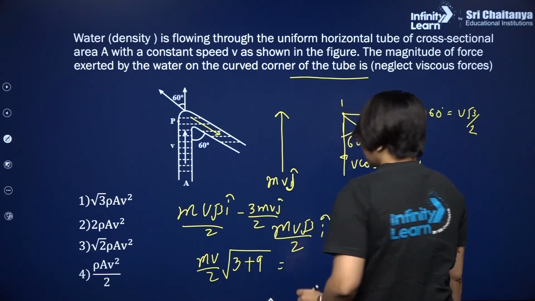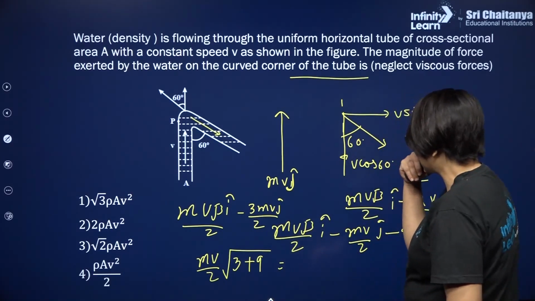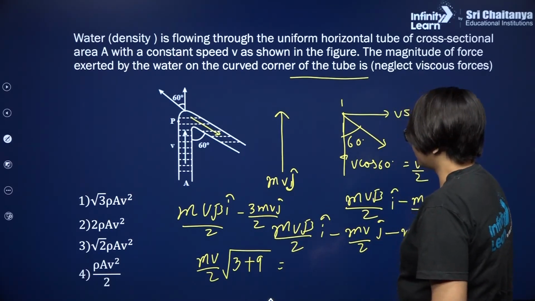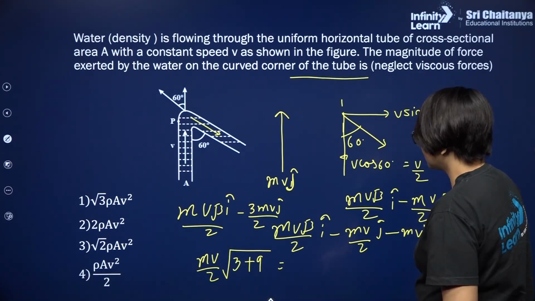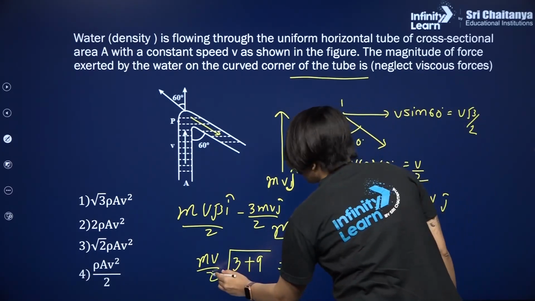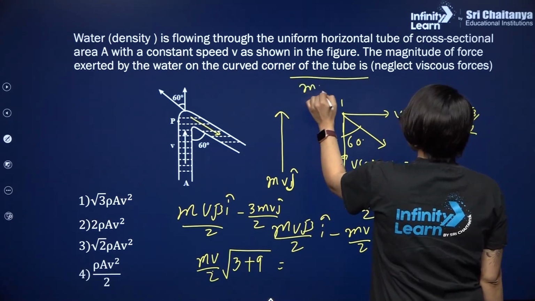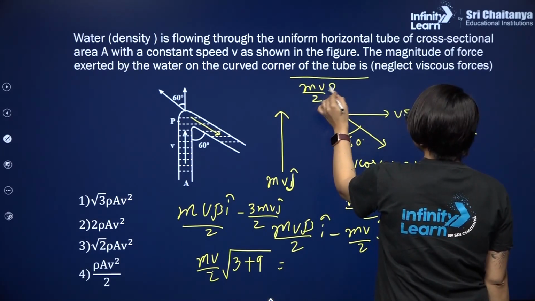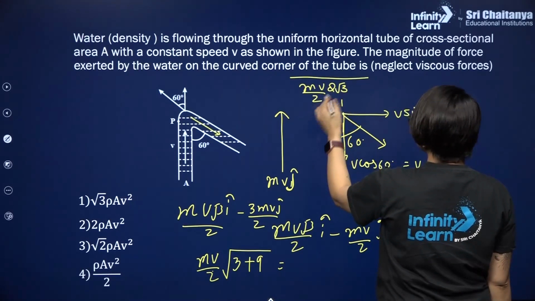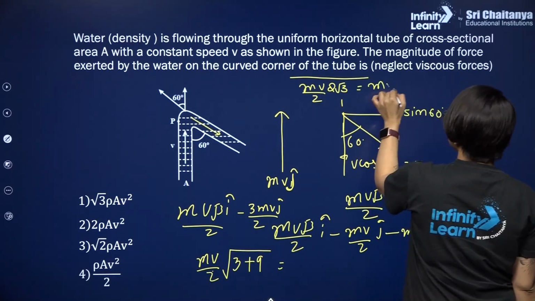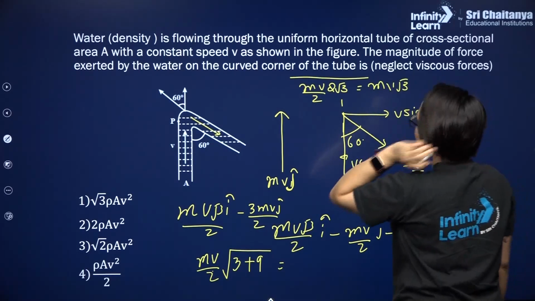So it will be 12, and it will be 4 over here. So this will be mv by 2, 12 is 4 root 3, that is 4 into 3, so 2 root 3. So this is mv root 3. So that is change in momentum.